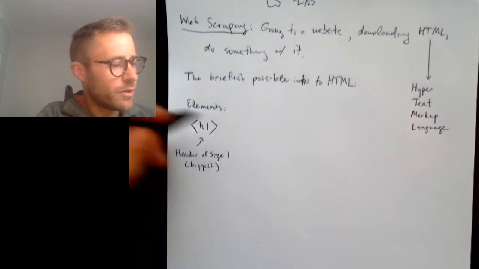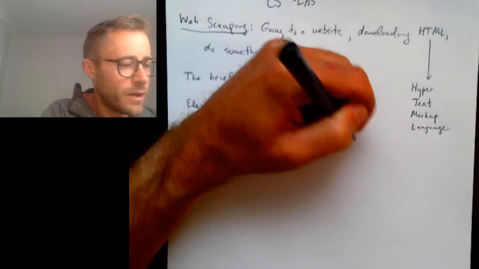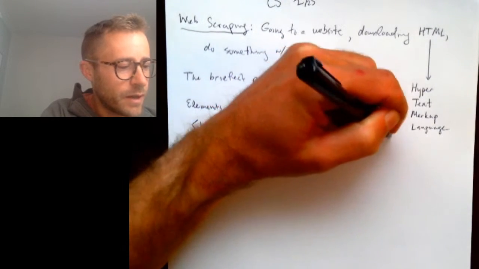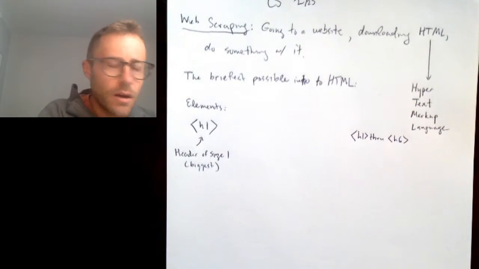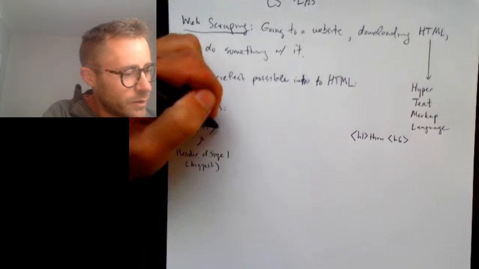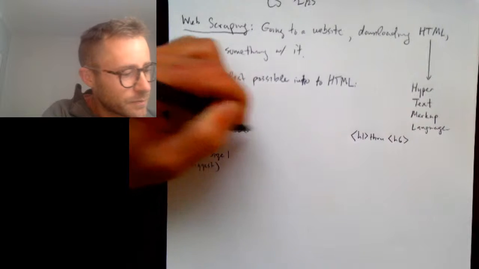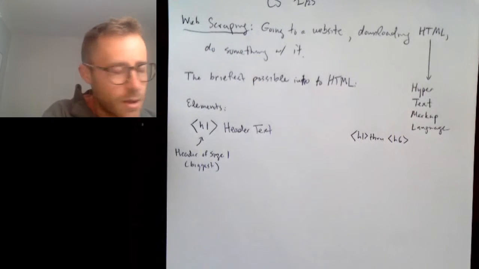But actually there are elements, and you could put H1 through H6, and that gets progressively smaller. So what you would want to do is you put the header text here. You don't have to put it in quotations or anything like that.